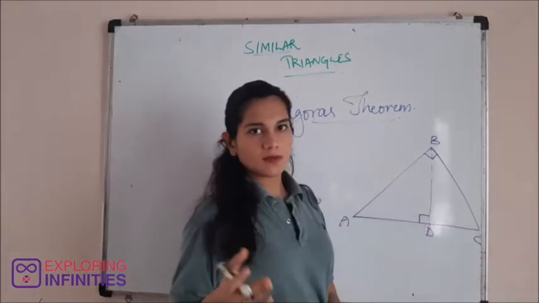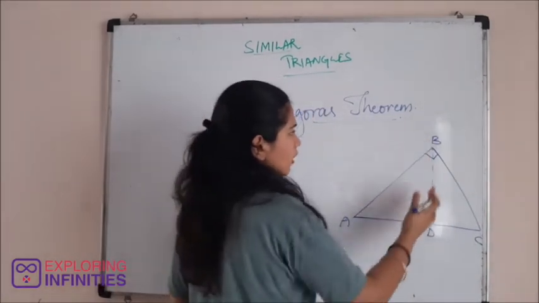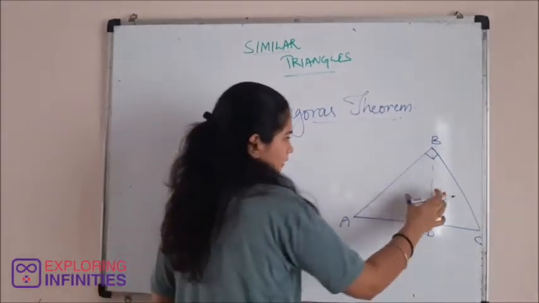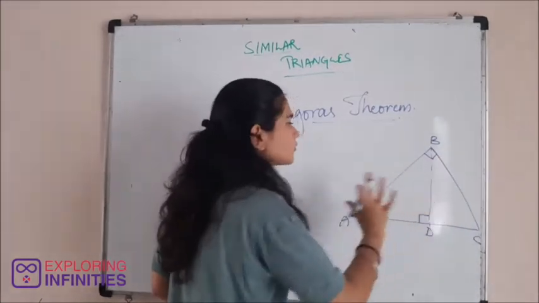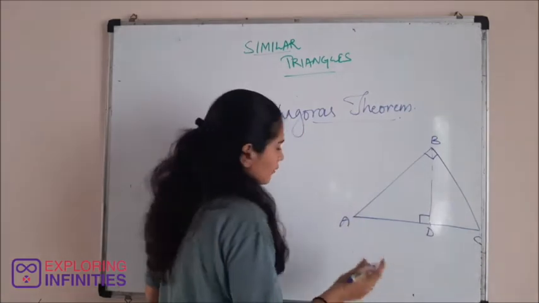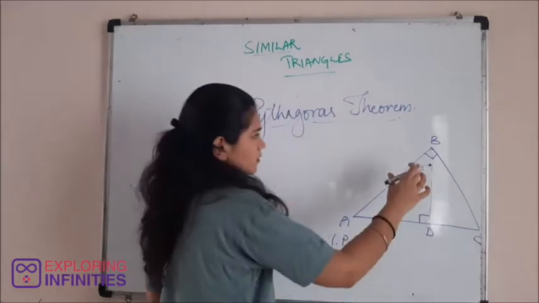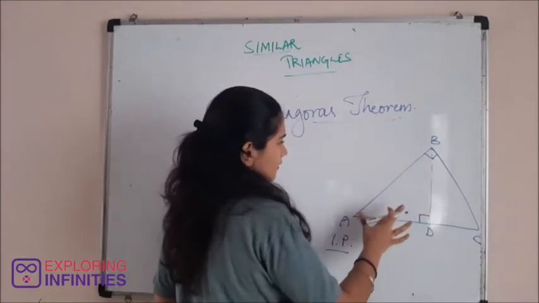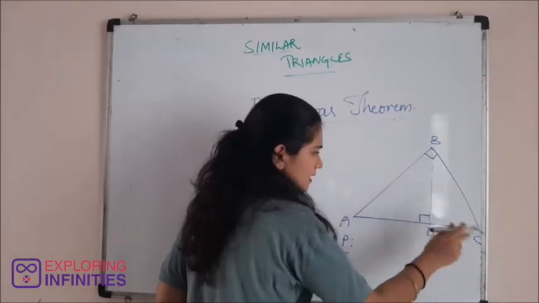What the theorem states is that when you have a right angled triangle and you draw a perpendicular to the hypotenuse, then the triangles formed are similar to the bigger triangle and to each other. Here we have the bigger triangle ABC, and the smaller triangles ADB and BDC.